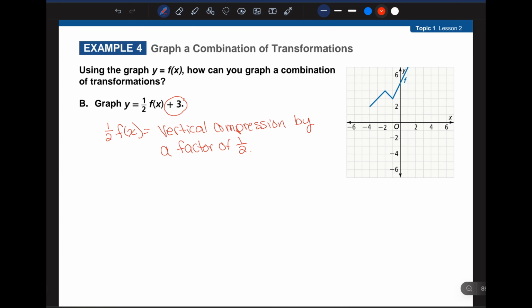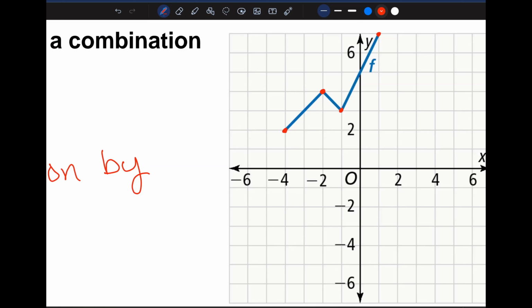So if I'm looking here, I have the same kind of points I want to move here, those little pointy parts and the ends. Okay, I could say, well, 1/2 of 2 is 1, and just move that down to a y value of 1. If you need to list the point, this is -4, 2, just like we did on the other. I could say, well, 1/2 of 2 is 1.